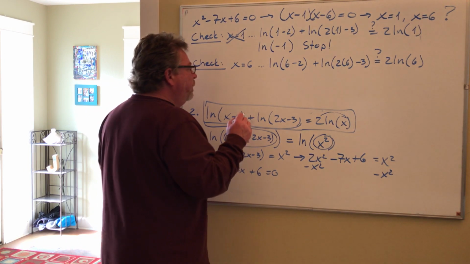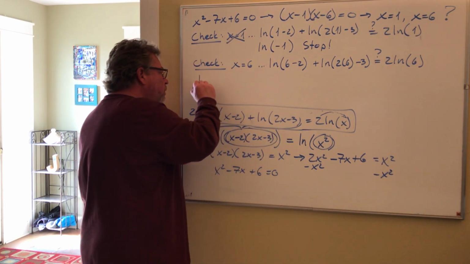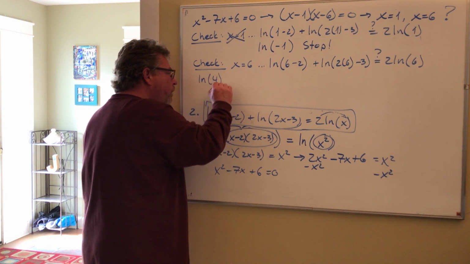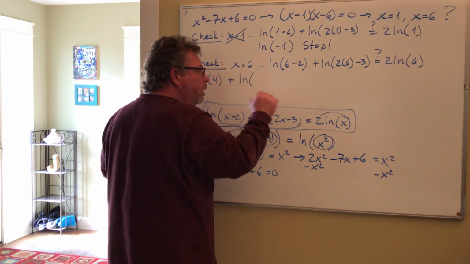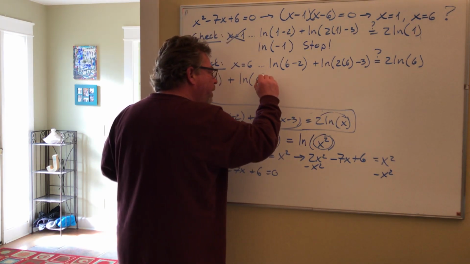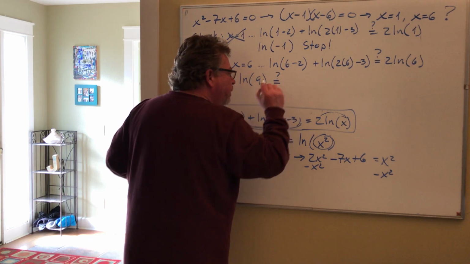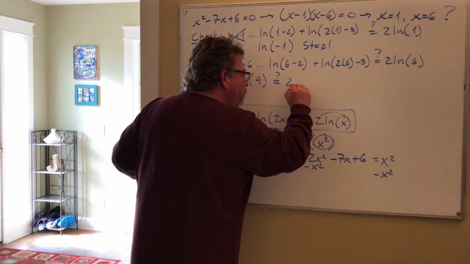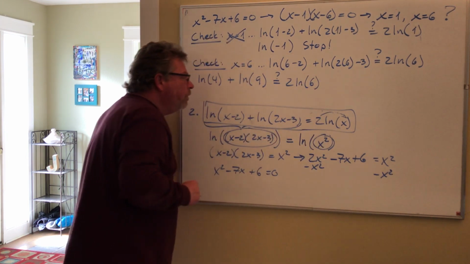So let's figure out what we've got here. This is going to be the natural log of 4 plus the natural log of 12 minus 3 is 9, agreed. And the question is, is that in fact equal to 2 times the natural log of 6?